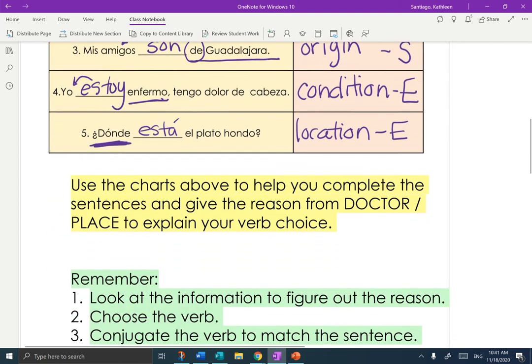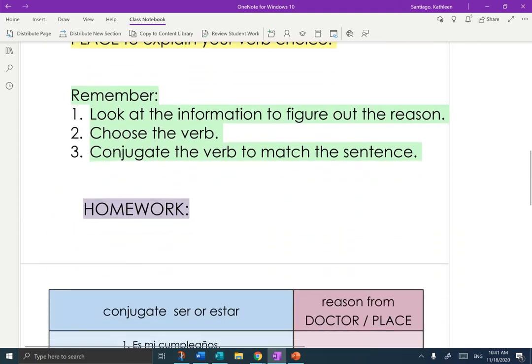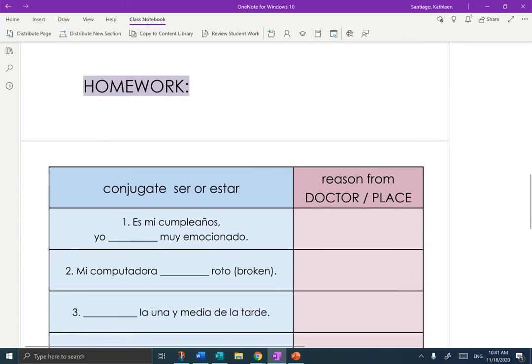Now for homework, you're going to be doing the same thing. Conjugate ser or estar, but first you need to give the reason from the charts above. So I'll do the first one with you. Es mi cumpleaños, yo blank, muy emocionado. Well, what is muy emocionado? Emocionado is kind of a cognate. It looks like very what? Emotional.